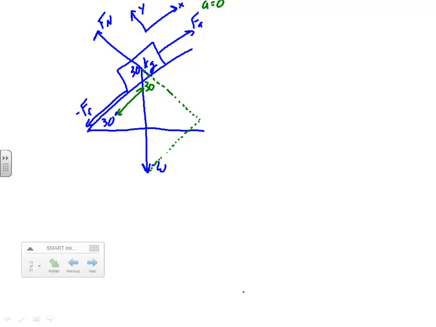Just think of it as you're taking the ramp and twisting it so that the triangles overlap. It's still going to be 30 degrees. This is still mg cos 30, and this is still negative mg sine 30. Alright, looks like we've got everything labeled now.